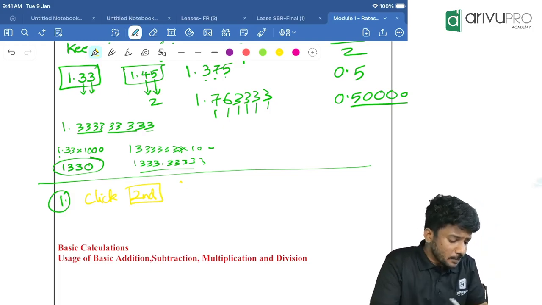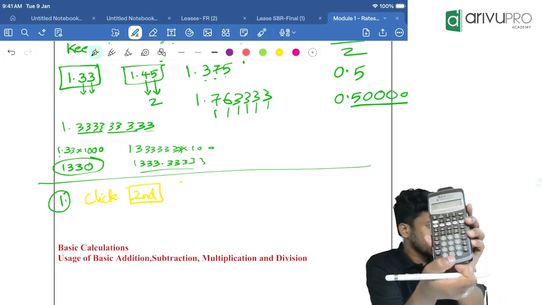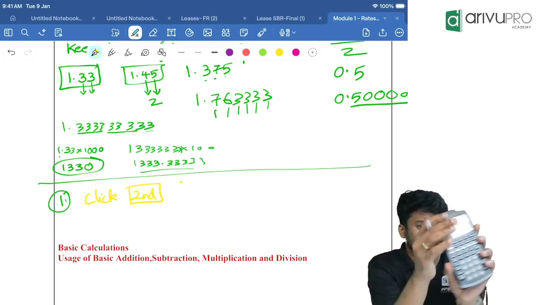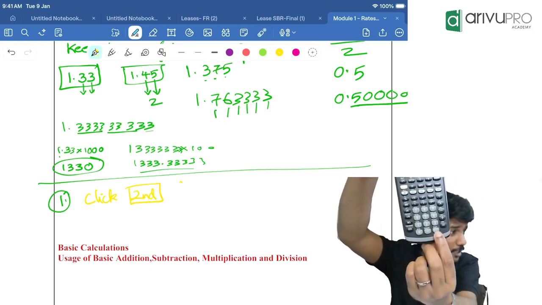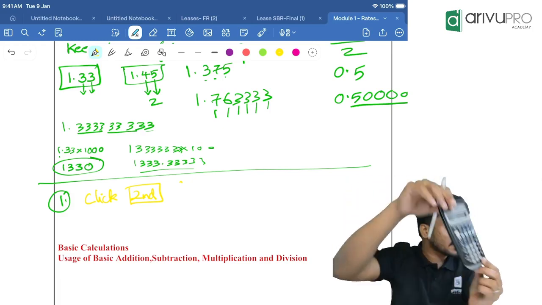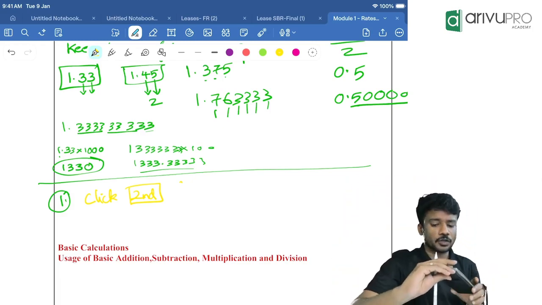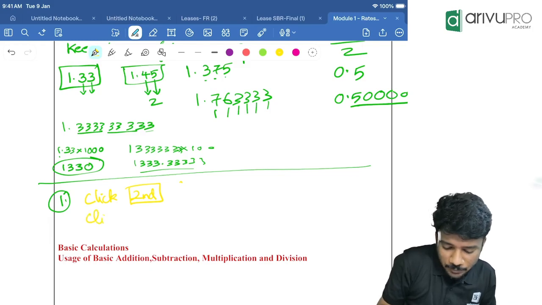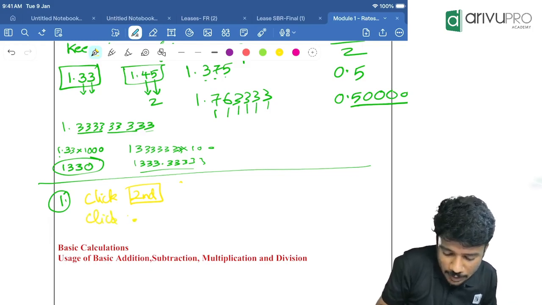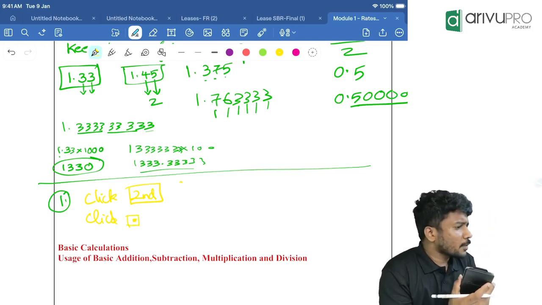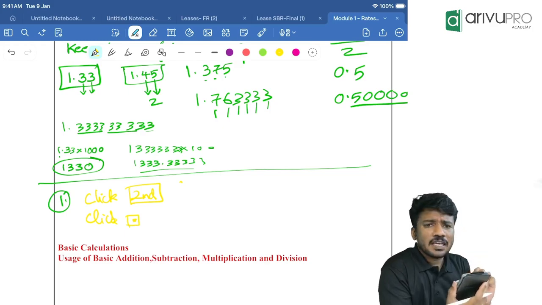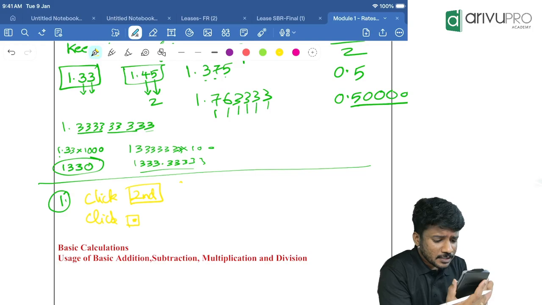Then there is something called format near the dot, right? There is a decimal point, a dot, in the bottom row. After clicking the second button, click that dot at the top. So format is coming into the picture. On the upper side of every key, there is some other name written.